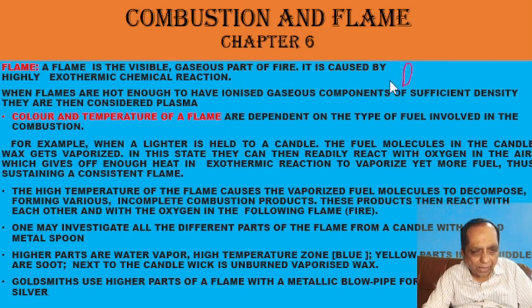If ions get formed, then that area or location is said to be plasma. We will be learning this in detail in 12th standard or later on. So that is plasma.